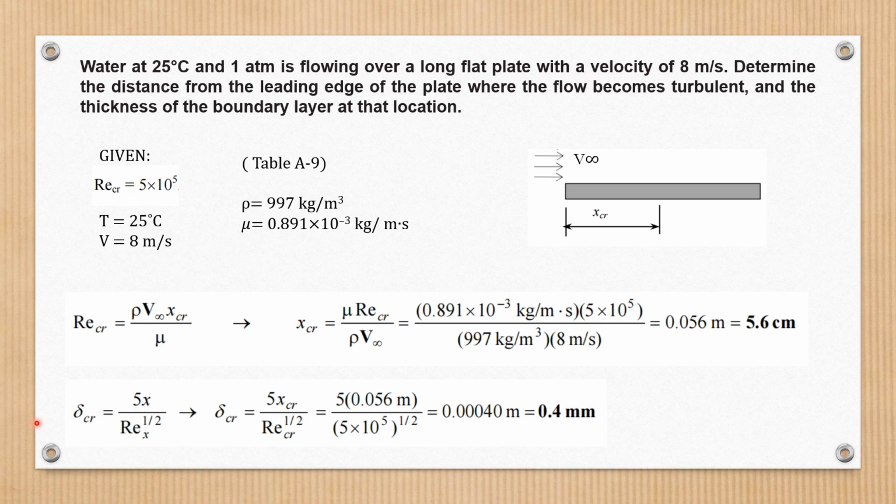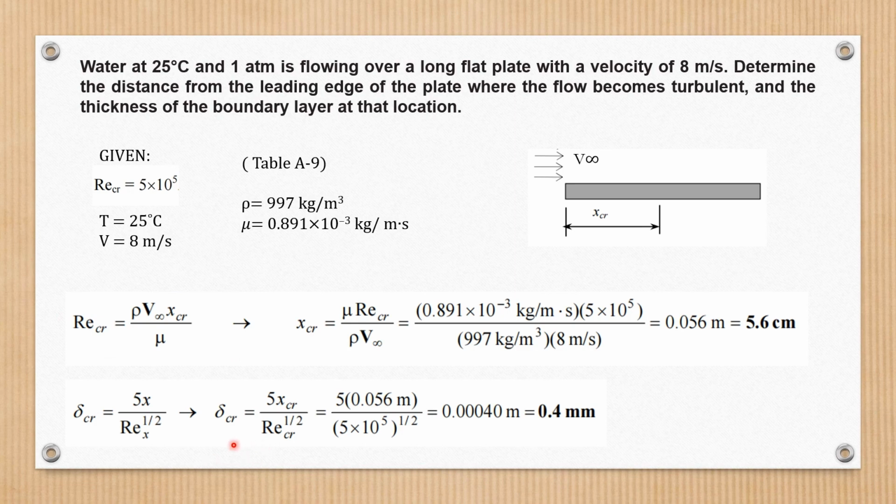So next is we're going to determine the thickness of the boundary layer at that location. So we have here this formula. Delta is equal to 5 times the distance over the Reynolds number of x raised to 1/2. The thickness of the boundary layer at that location is obtained by substituting the value of x into the laminar boundary layer thickness relation. So the equation will become like this.